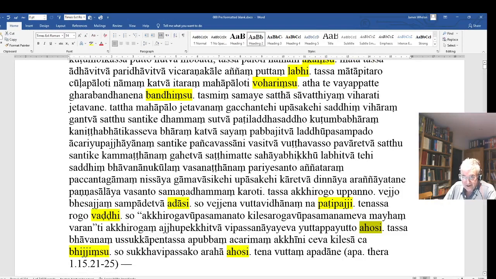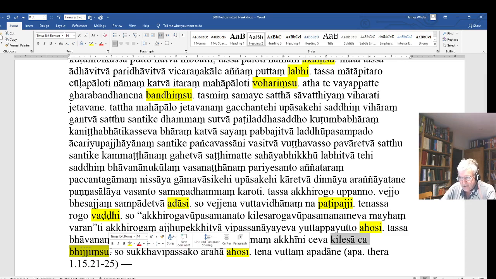Kilesa, there's the kleshas, the defilements. Highlight this. Oops, where's my cursor? Here we are. Kilesa cha bhijimsu, from the root bhid, meaning to split. A bheda is a split.